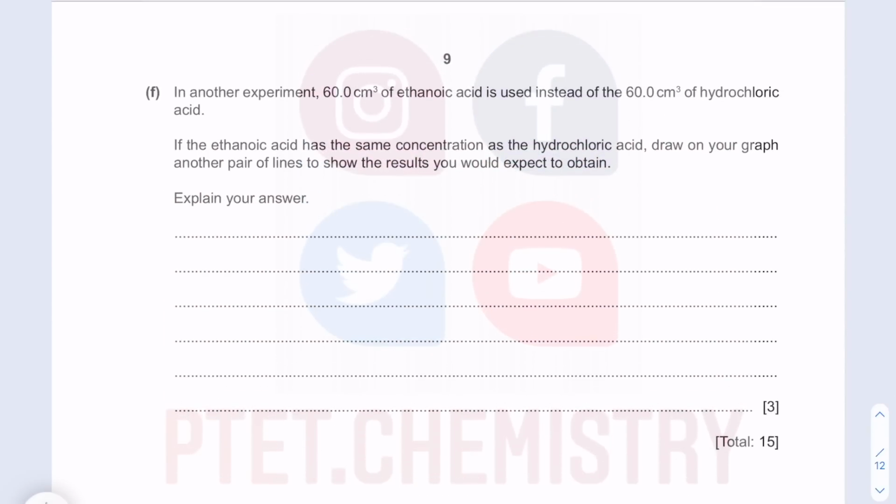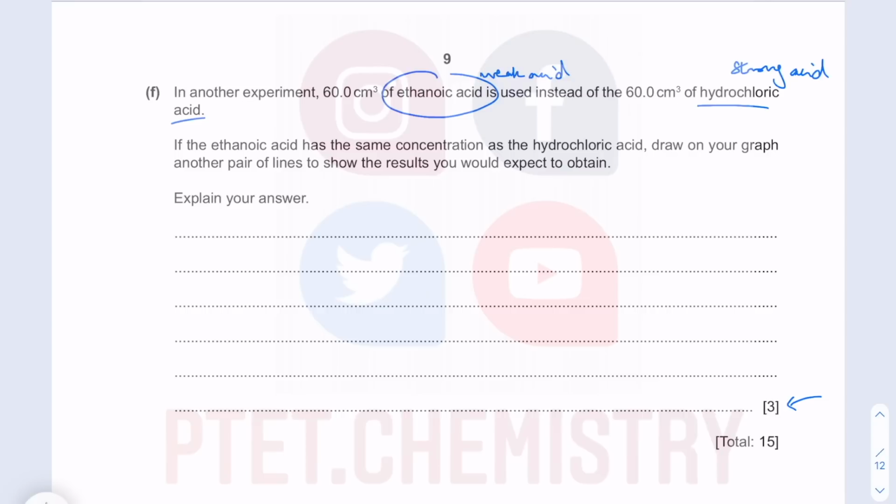So this is the last bit of this data analysis question, and it's worth 3 marks, so quite a lot of marks. This is about using ethanoic acid instead of hydrochloric acid. Ethanoic acid is a weak acid, hydrochloric acid is a strong acid. So this is back to your GCSE or IGCSE or O-level understanding of acids versus bases.